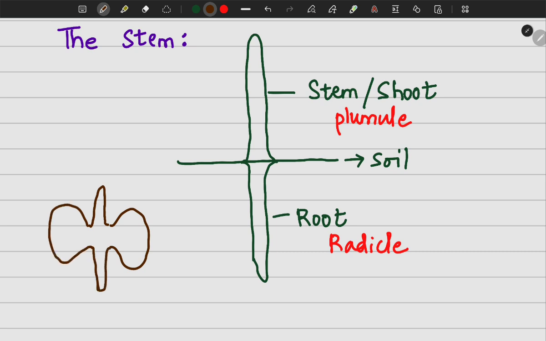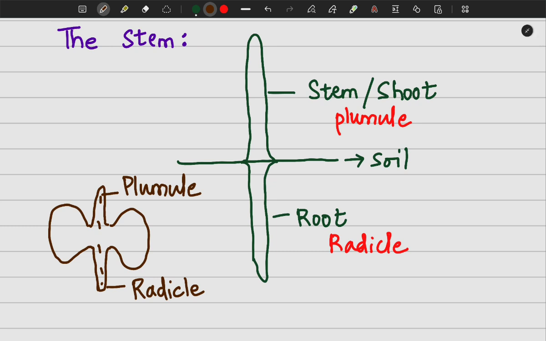This is the embryonal axis. This is the radicle which forms the root, and this is the plumule which forms the shoot or stem of the plant. So we can say that stem is the aerial part of the plant, or the part which grows vertically upwards from the soil, and it develops from the plumule of the embryo of a germinating seed.